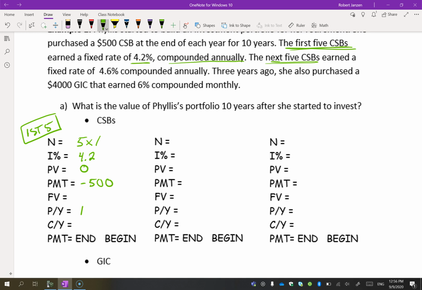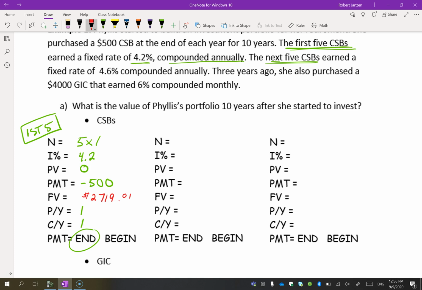Compounded annually. So if we put that into our TVM solver, you end up with $2,719.01. So that's, after 5 years, what the first Canada savings bonds become worth.